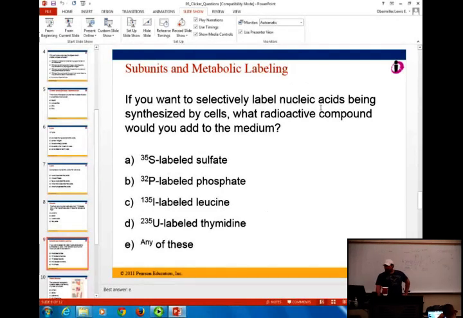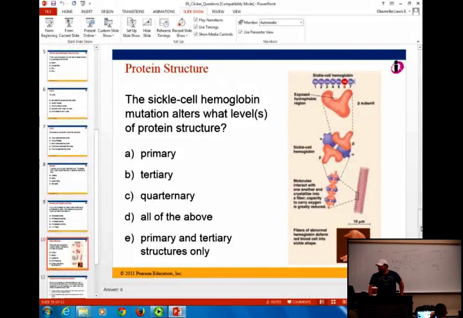What if I said proteins? What would it be? It's sulfur. Remember, I wouldn't ask this, but DNA has phosphates and proteins have sulfur. I will probably ask this later on when we start talking about DNA replication.